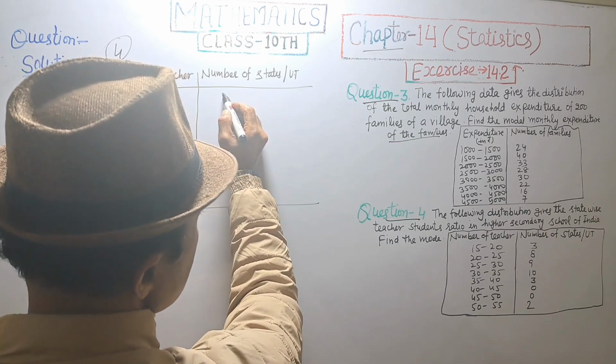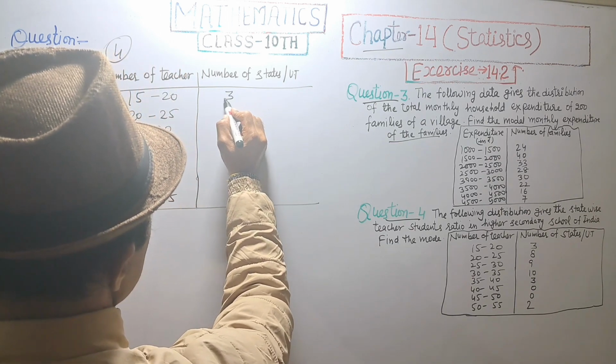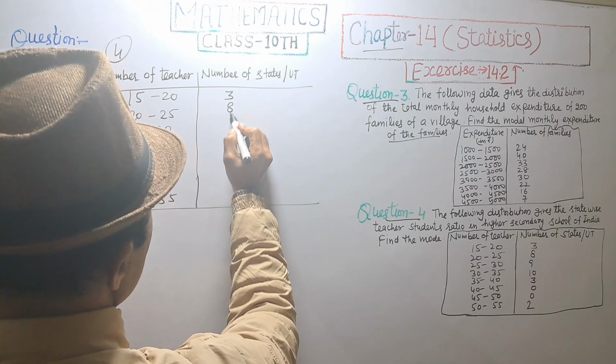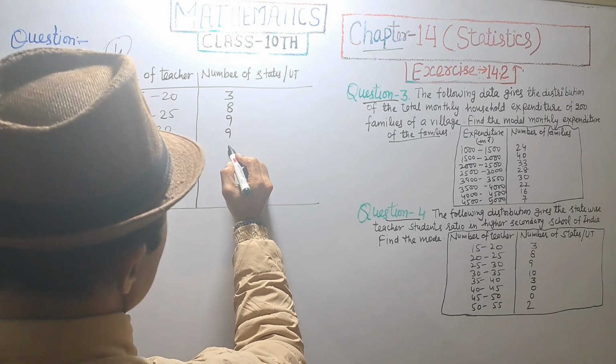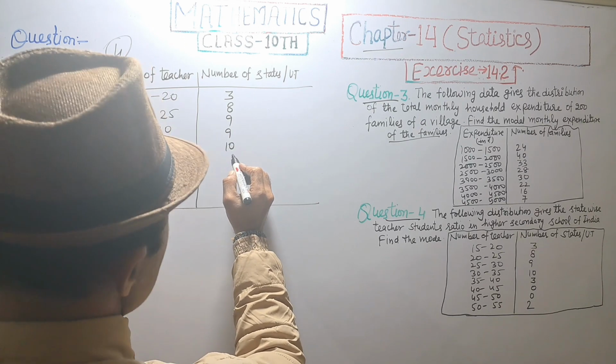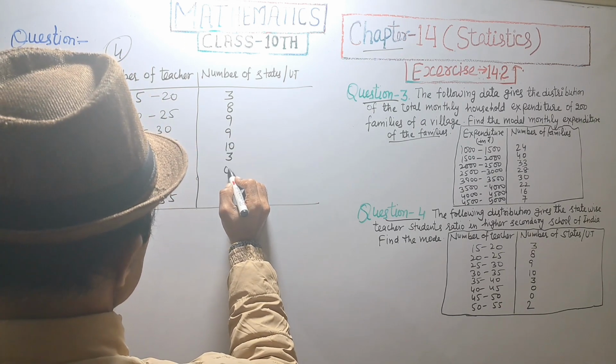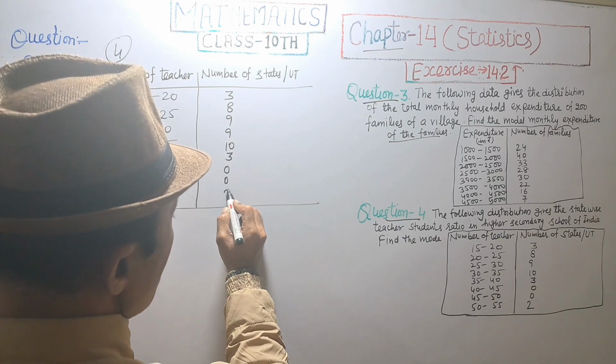And number of states: 3, 8, 9, 9, 10, 3, 0, 0, 2.